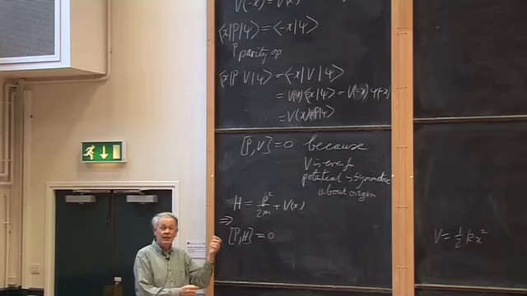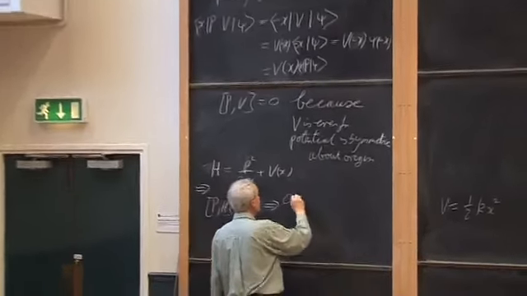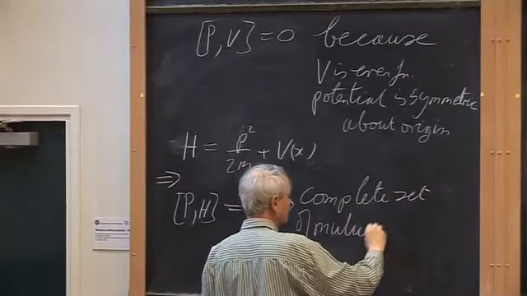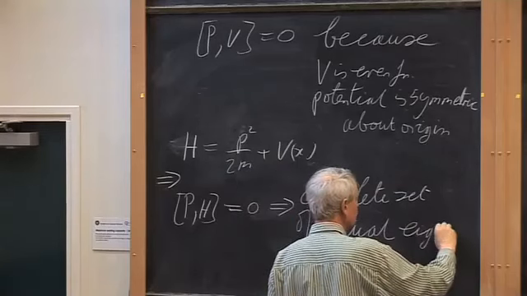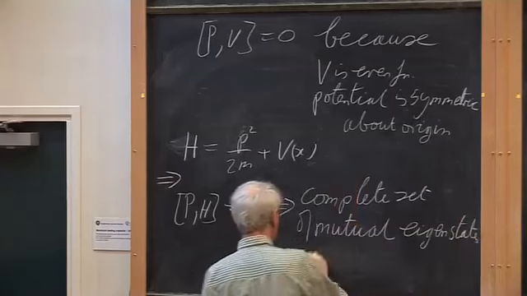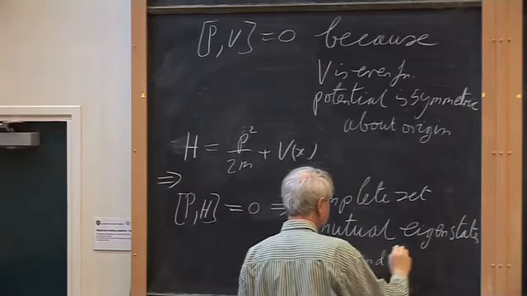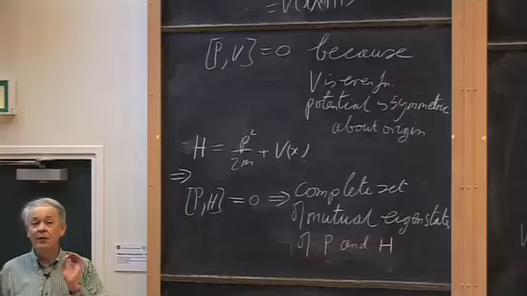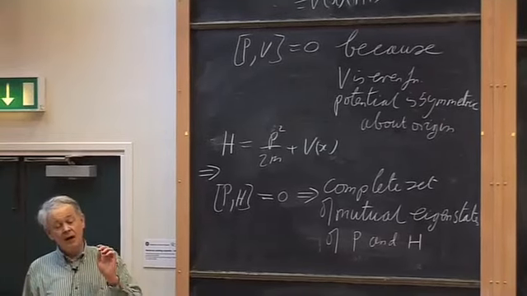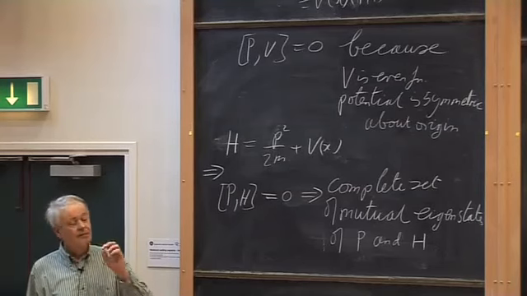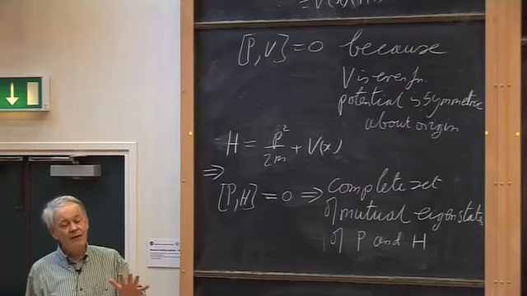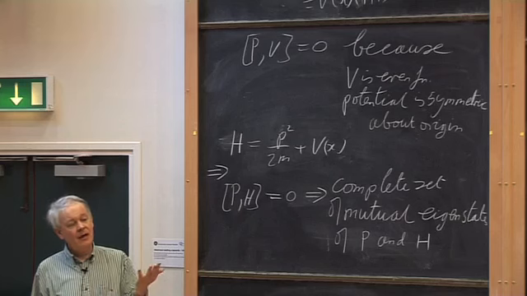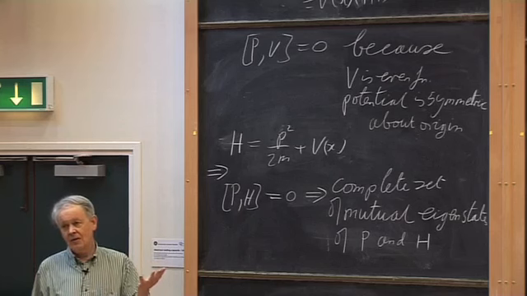When two operators commute, remember the fundamental rigmarole is that this implies there's a complete set of mutual eigenstates of P and H. That is to say, we can, if we wish, look for eigenstates of H which are states of well-defined parity, and the wave functions of these states will either be even functions of x if the parity is even, or odd functions of x if the parity is odd.